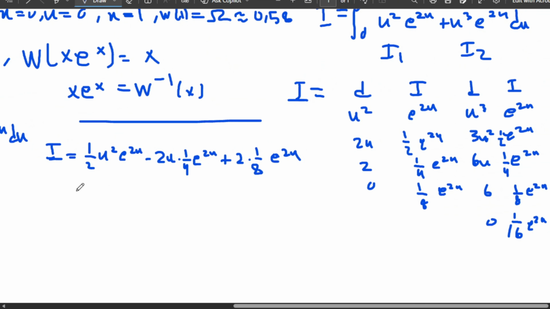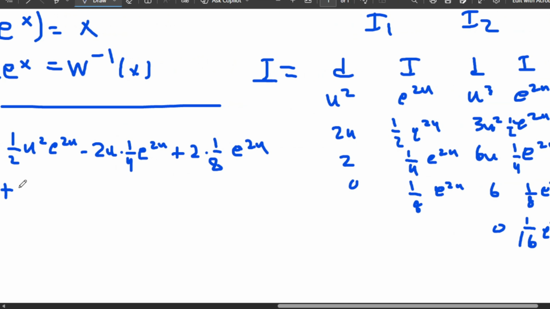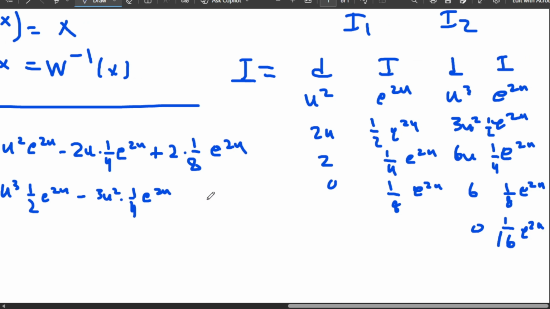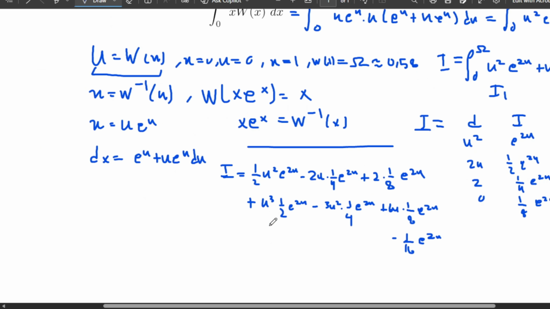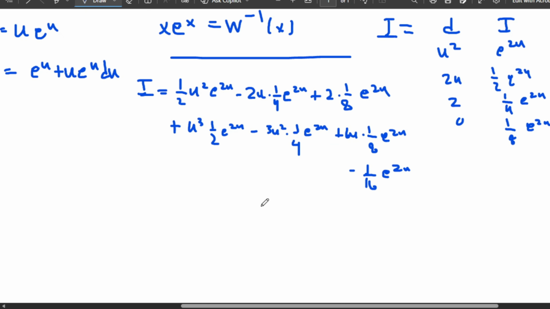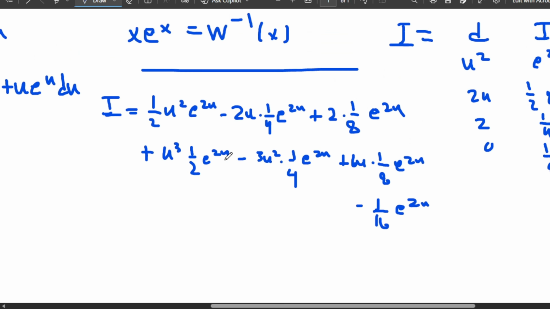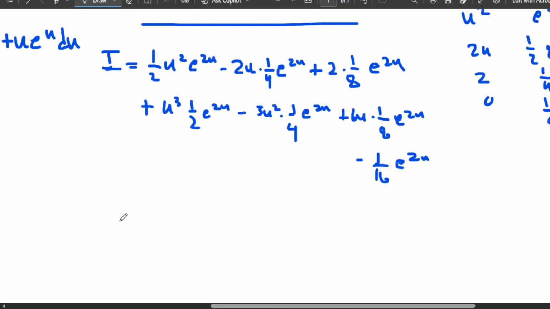And then we add the second integral, which would be u cubed a half e^(2u) minus 3u squared times a quarter e^(2u). And then we add 6u times 1 over 8 e^(2u). Then minus 1 over 16 e^(2u). Okay, let us simplify this first, and then we are going to evaluate it from 0 to omega.